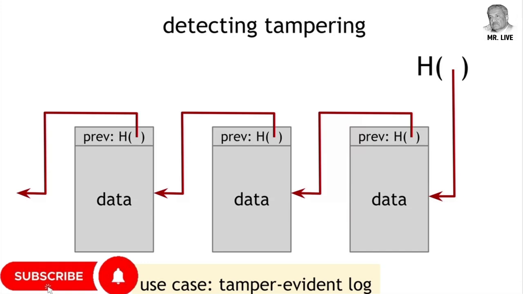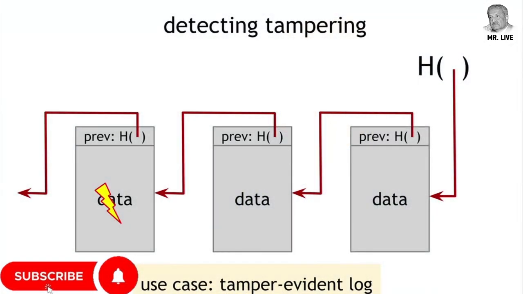So to understand why a blockchain gives us this tamper-evident property, let's ask what happens if an adversary wants to go back and tamper with data later that's in the middle of the chain. Okay, so let's assume that an adversary wants to tamper with this block down here. He wants to change the data here, and he wants to do it in such a way that we, the holders of the hash pointer at the head here, won't be able to detect it.